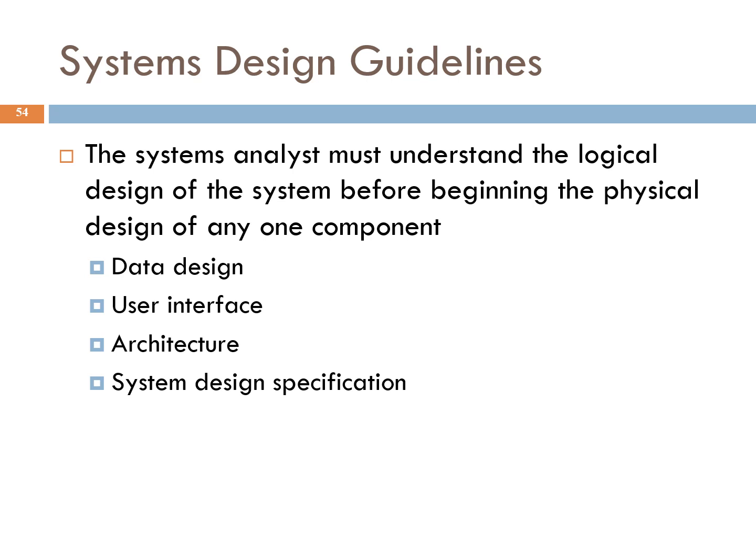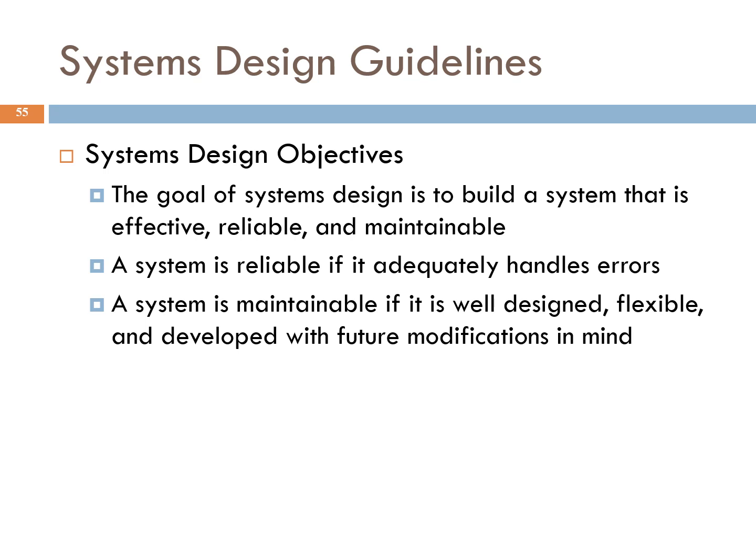The system analyst must understand the logical design of the system, which includes data design, user interface, architecture, and system design specification. System design objective: the goal of the system design is to build a system that is effective, reliable, and maintainable.